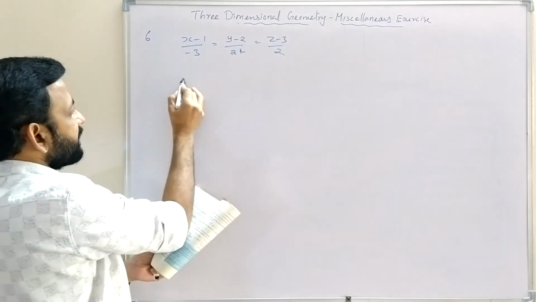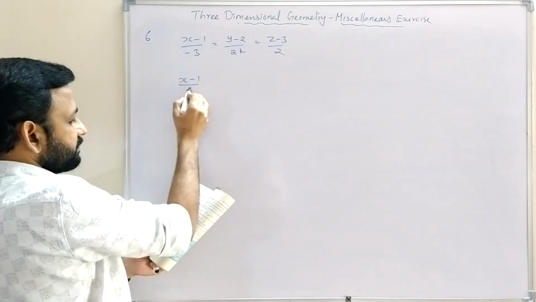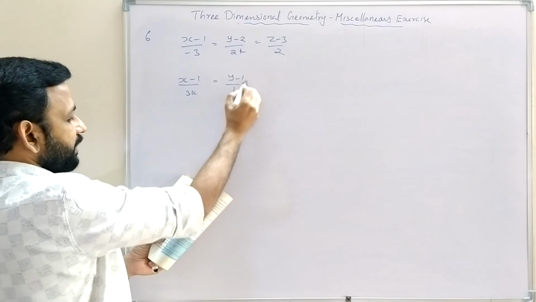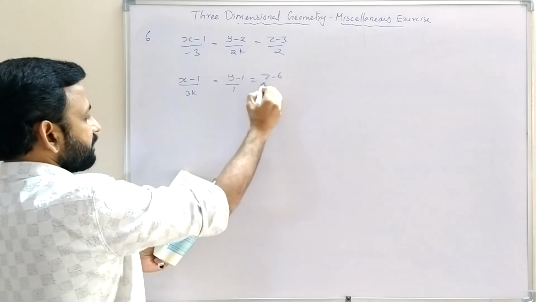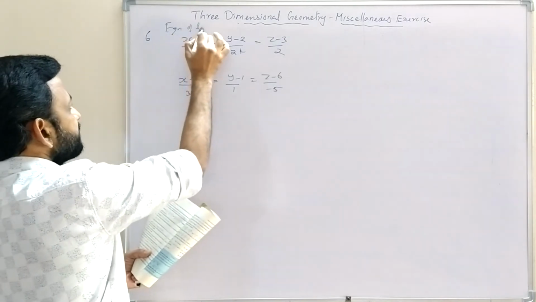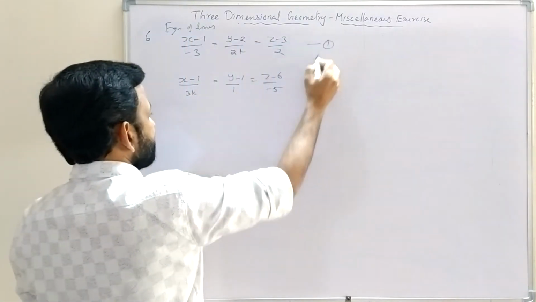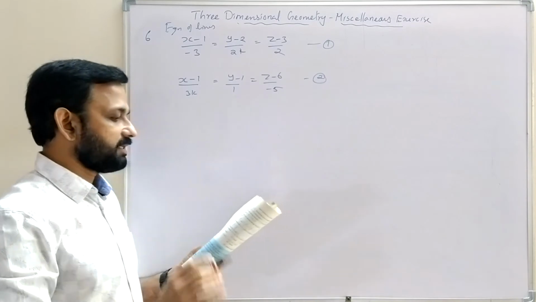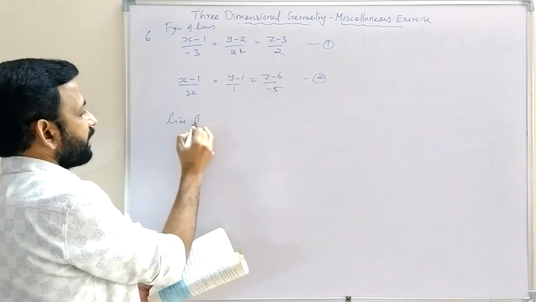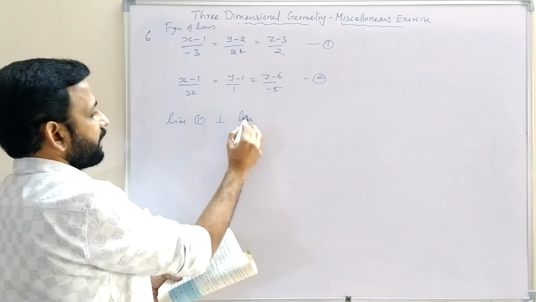Then the second line: (x minus 1) upon 3k equal to (y minus 1) upon 1 equal to (z minus 6) upon minus 5. These are the first and second equations, and here they are given as perpendicular. So line 1 is perpendicular to line 2.